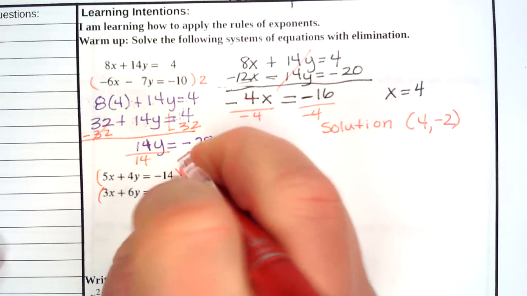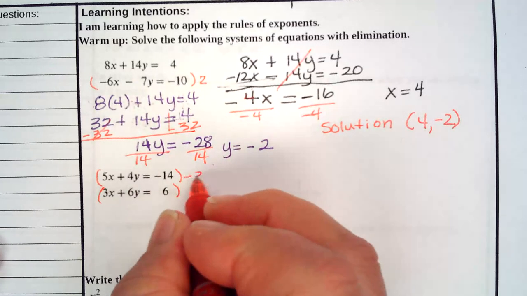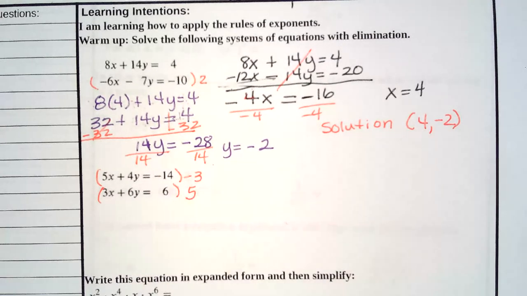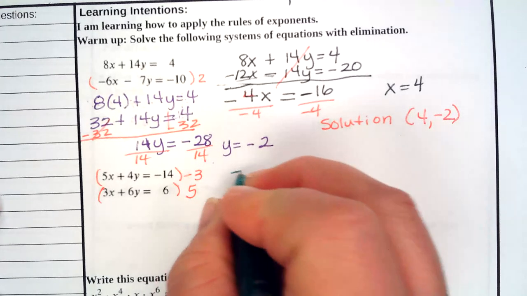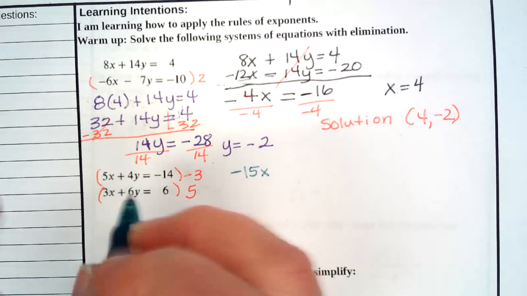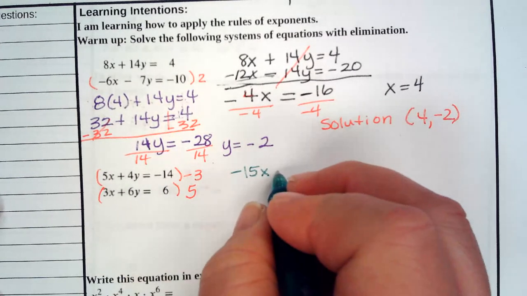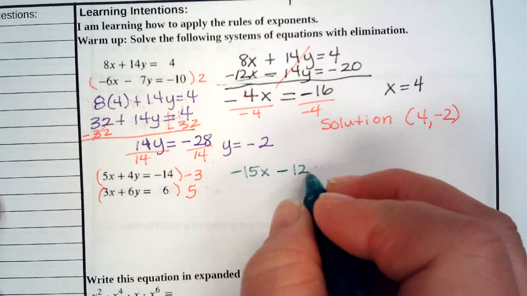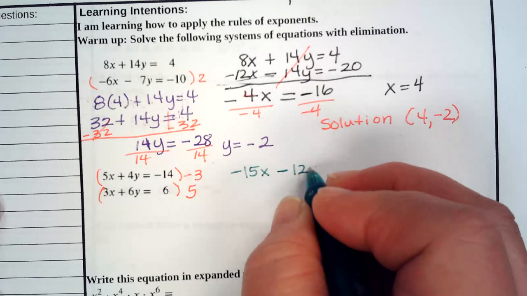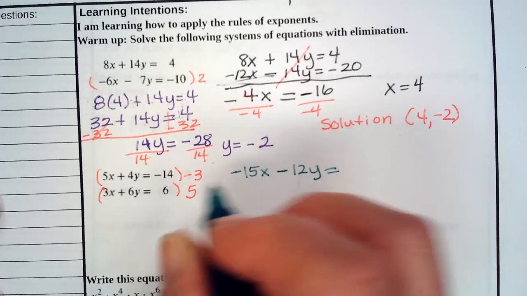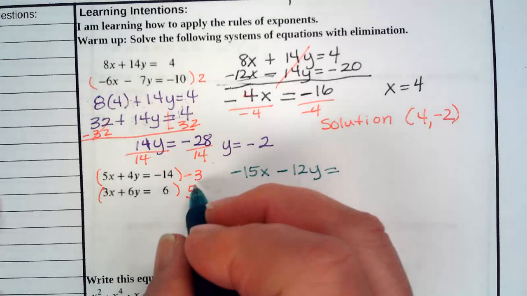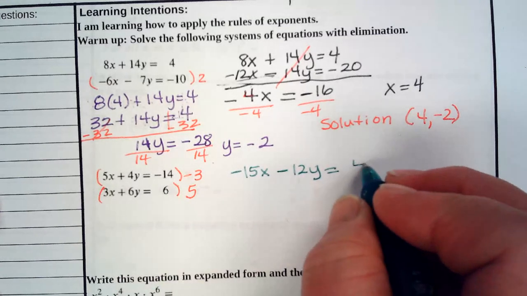Top one by -3 and then the bottom one by 5. -3 times 5x is -15x. -3 times +4 is -12y. And -3 times -14 is positive, because negative times negative is a positive. It'll be 30 plus 12, which would be 42.